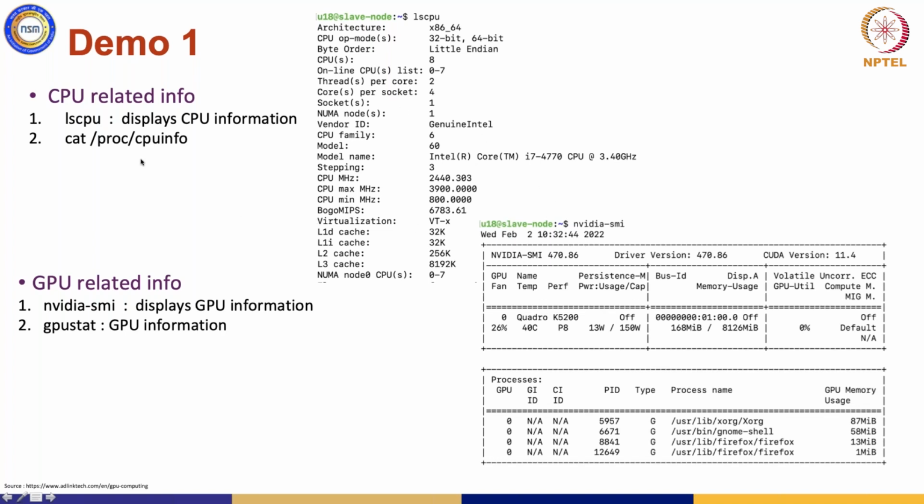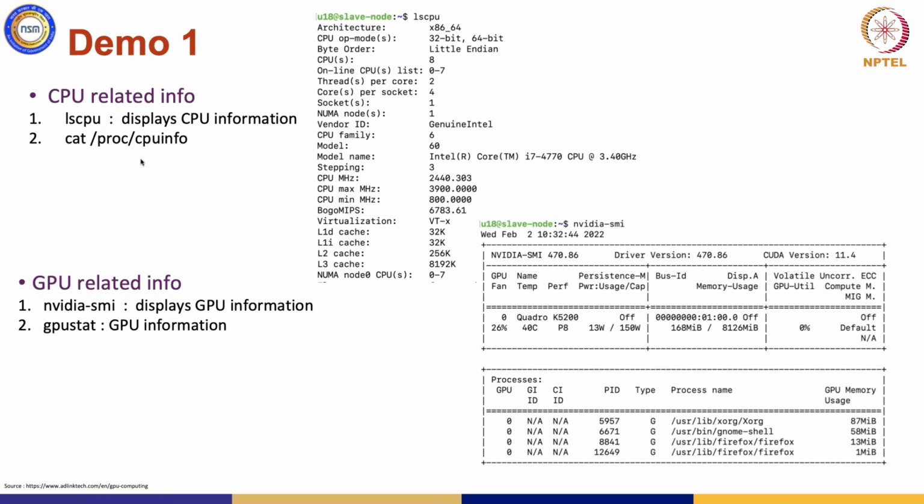If you want to gather CPU related information, there is something called lscpu, which displays the CPU information, and then you have cat /proc/cpuinfo. These two are going to give you information about the CPU configuration of your system. The snapshots are attached.